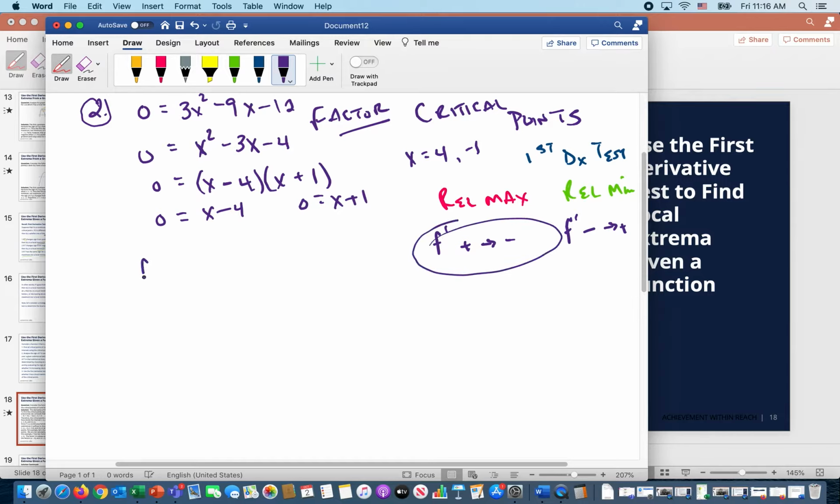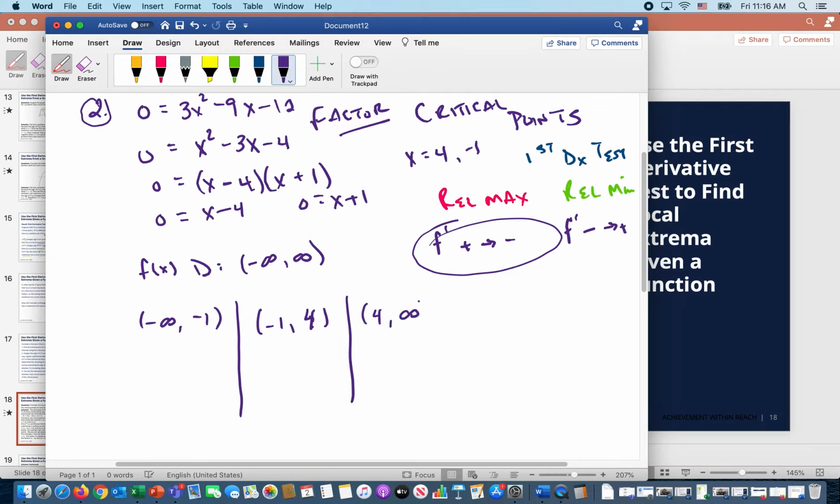First, I'm going to recognize that my function's domain, the domain of f of x, is negative infinity to positive infinity. Okay? Well, that's important to me because the next step is to take that interval from negative infinity to negative 1, and then the interval from negative 1 to 4, and then the interval from 4 to positive infinity.